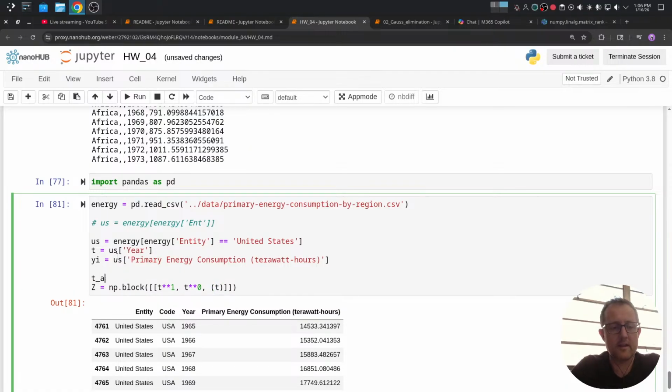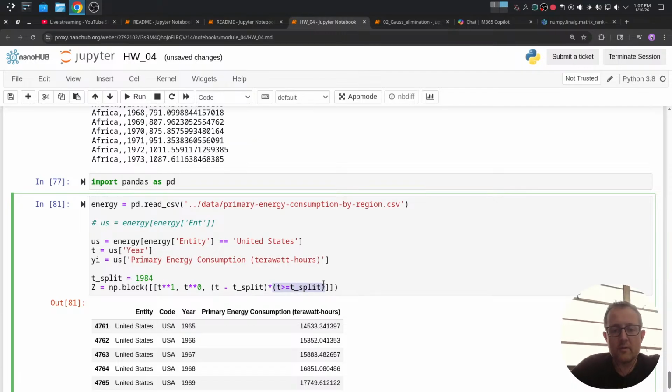So let's define a split. Split equals 1984. So I'll say T minus T split, and then times T more than or equal to T split.